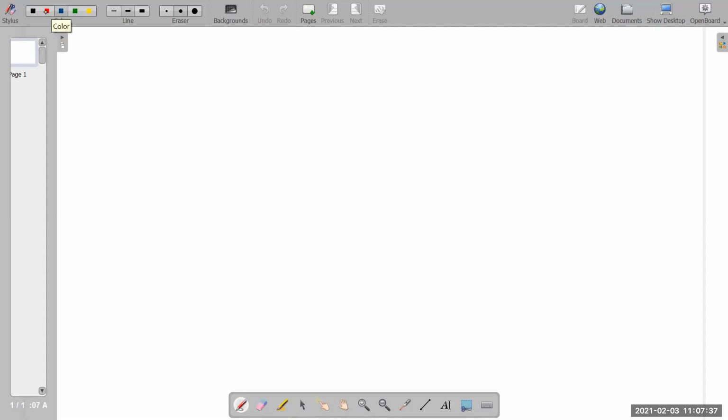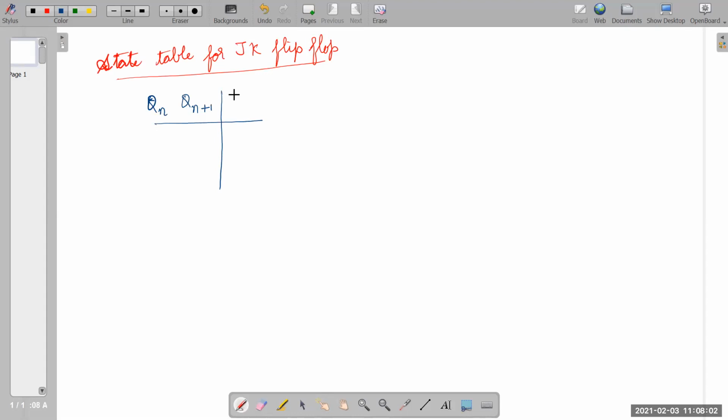We should be clear with the state table. Last class also we discussed, a quick refresher. State table for JK flip-flop. In a state table, we have the outputs, and we have to determine what should be the inputs.